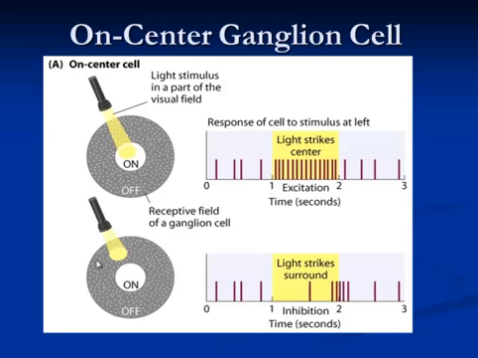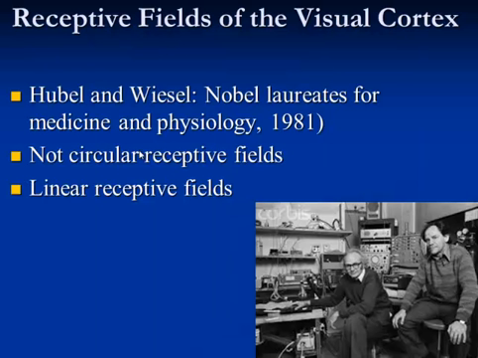However, if you move that light and shine it on the periphery of the field, the ganglion cell fires very little. That's an on center. And so you can imagine what an off center would do. It would fire a lot more when it's the periphery that it's attached to.